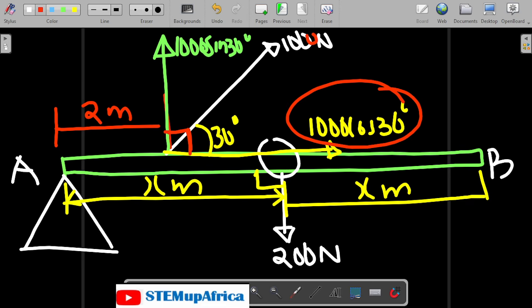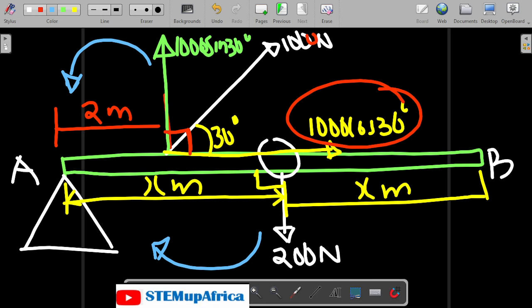So now that we have the system in equilibrium, we are going to take moment at point A. Remember, we also defined moment earlier as the product of force and the perpendicular distance. So taking moment at A, meaning all the forces are heading to point A. So the 1000 sine 30 is going to A, the 200 is going to A as well. So you notice that one of them is moving clockwise, the other one is moving anti-clockwise.